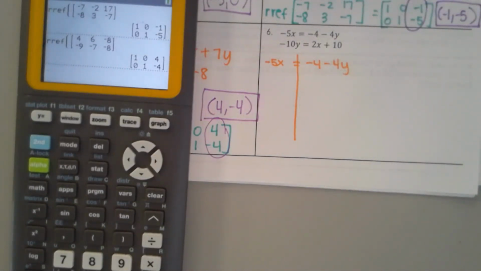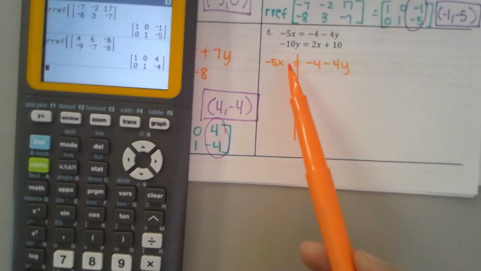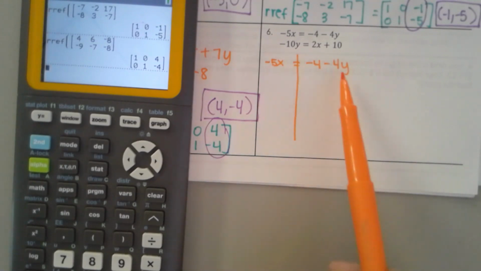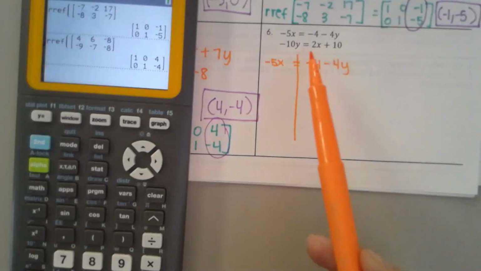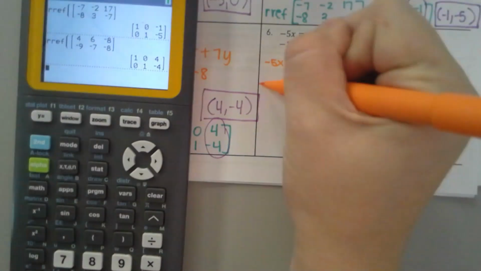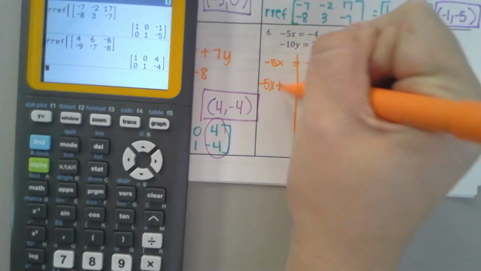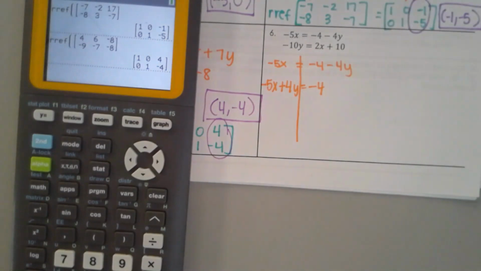The negative 4y needs to jump. Does anything else need to move? No. Only the 4y needs to come across the line. So when I move it across the line, it becomes a plus 4y. So it's negative 5x plus 4y equals negative 4.